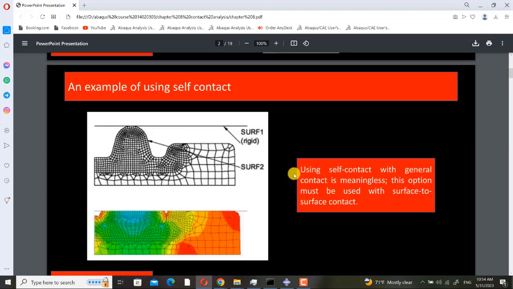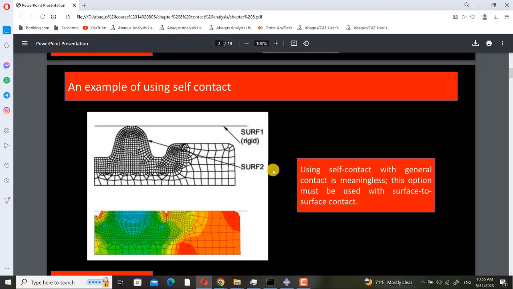And here I want to tell you about self-contact. Here we have a rubber and we compress it, and here you can see that we have self-contact. Okay? Using self-contact with general contact is meaningless. This option must be used with surface-to-surface contact. Because when you define general contact, it also accounts for self-contact.